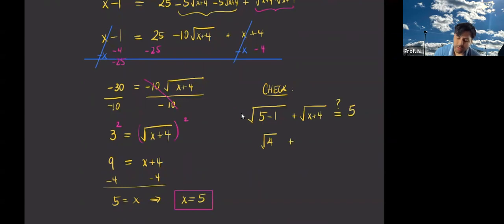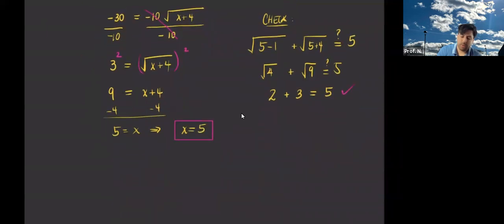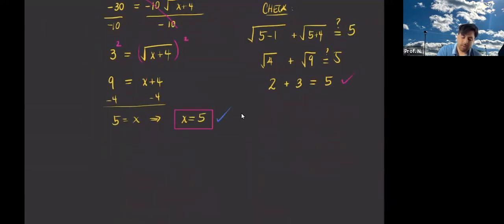Square root of 4, and then, sorry, I should write this 5. 5 plus 4, that's the square root of 9. That equals 5. Well, the square root of 4 is 2. The square root of 9 is 3. And 2 plus 3 is 5. So, correct. Yes, that is true. And so this is indeed my solution, or my root, x equals 5.